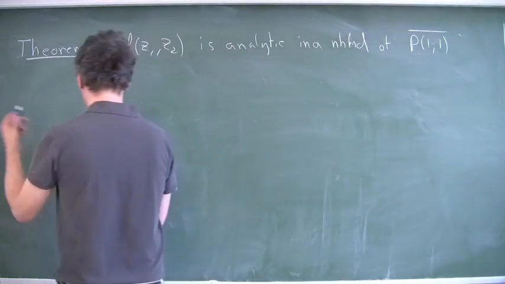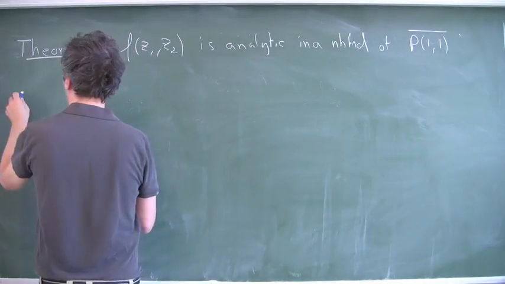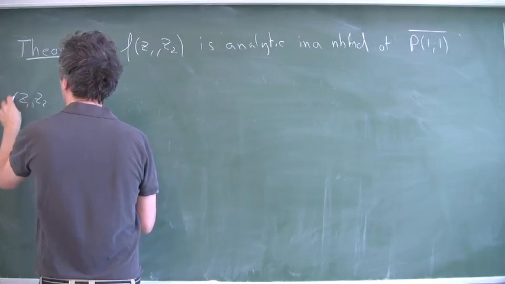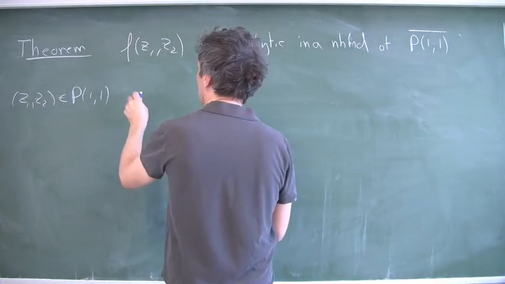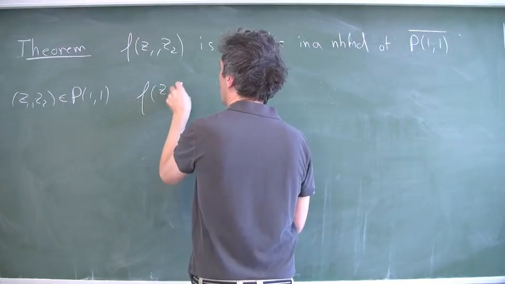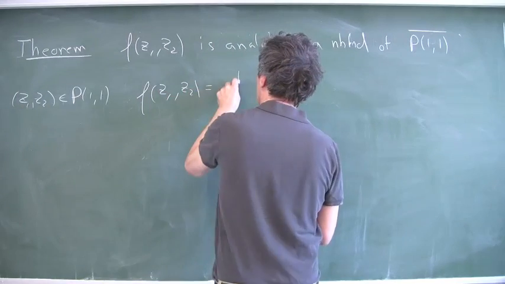Then I claim that for every point in the polydisk, so Z1, Z2 lies in the open polydisk, then we can write f of Z1 and Z2 as an integral in the following sense.